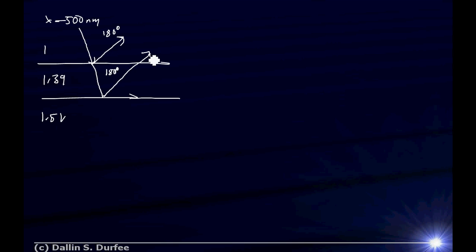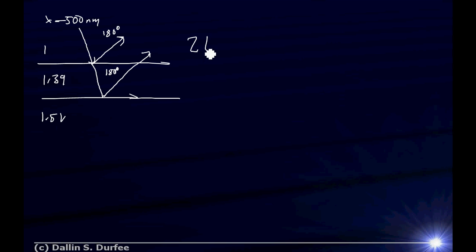Alright? So unlike the previous problem, now I get two 180 degree phase shifts. However, unlike the previous problem, I am looking for a minimum. I want a minimum reflection, not a maximum. So these two are naturally inclined to be in phase with each other. They both get 180 degree phase shifts. So I want this path length to get them out of phase, which means, once again, I want a half integer number of wavelengths in this path.